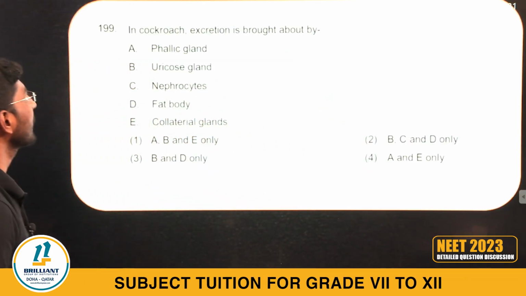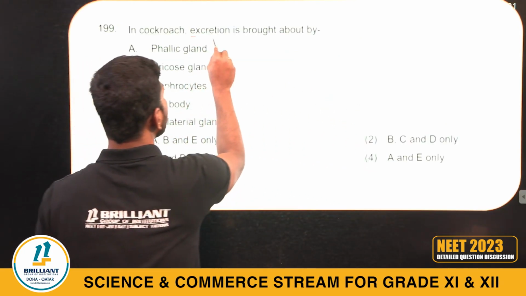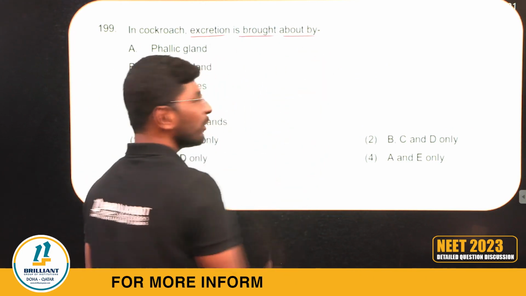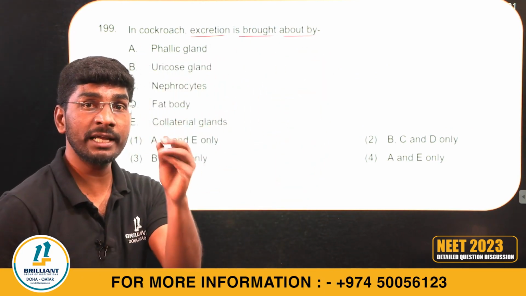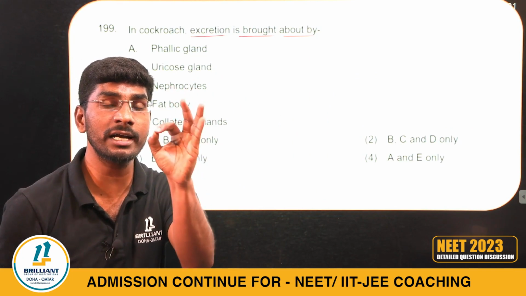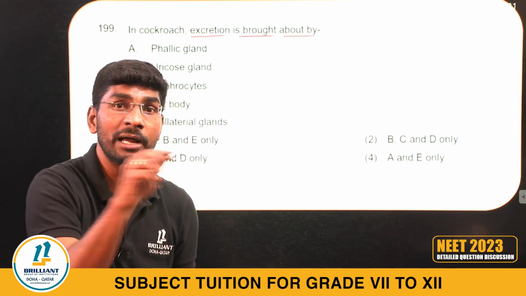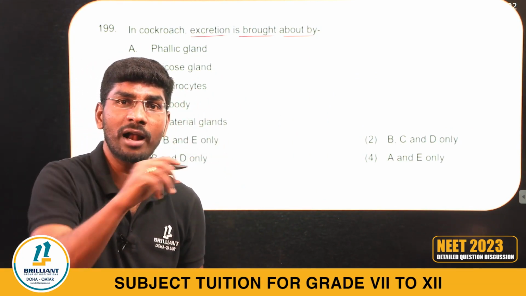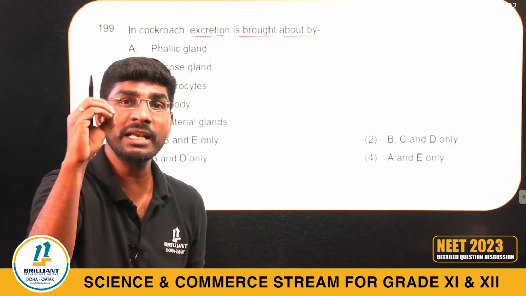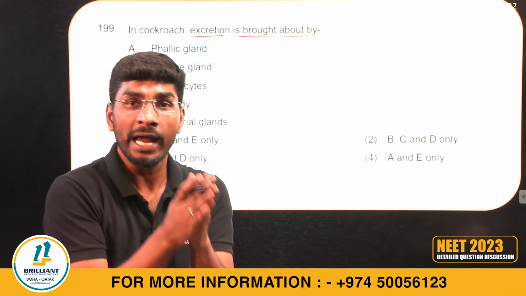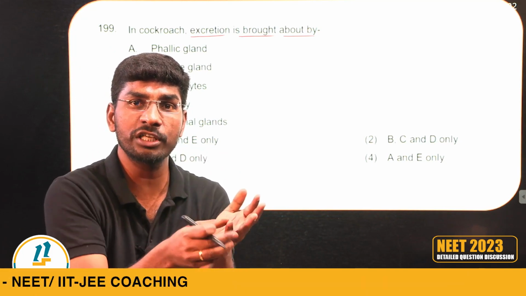199th question. In cockroach, excretion is brought about by. When I explained the anatomy of cockroach clearly, NCERT line by line, I told you to mark this one and underline this one, because many times this type of question repeats. Excretory organs of cockroach are Malpighian tubules.